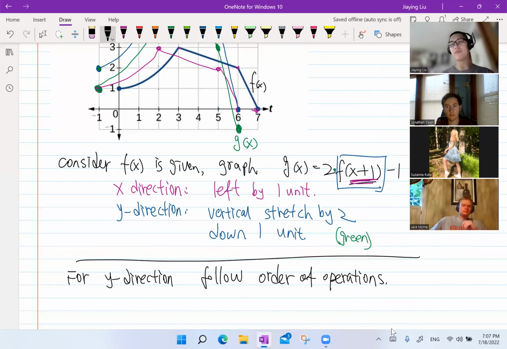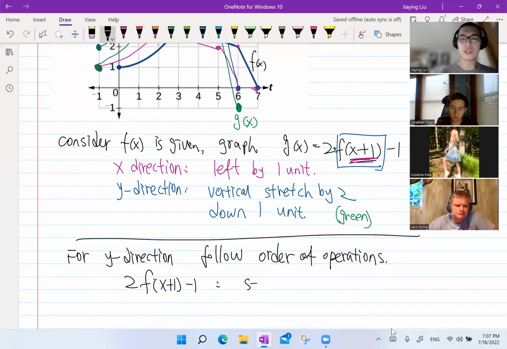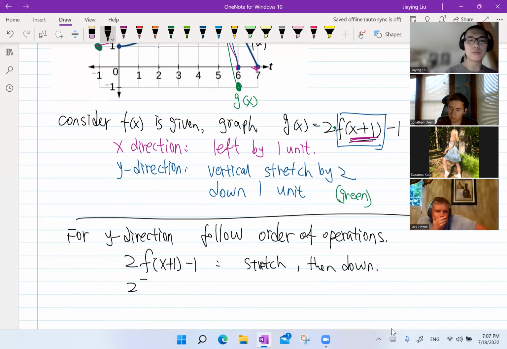So if it's multiply first, that's what we do. This one is 2f(x) plus 1 minus 1. This means we're going to do the stretch first, then we're going to do the shift down. But if I write it as 2 bracket f of x plus 1 minus 1, for example, now the bracket says we're going to perform whatever is inside first.